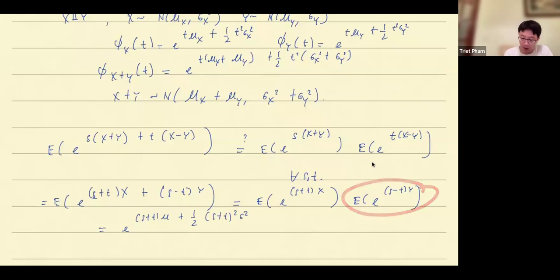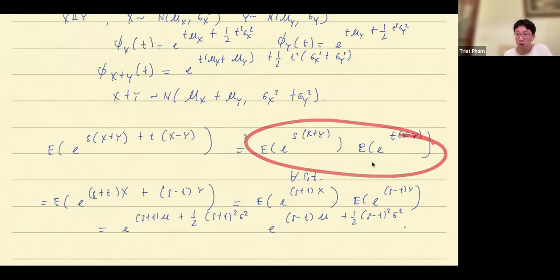And we'll plug this in for Y, which is e to the (s minus t) times mu plus 1/2 (s minus t) squared times sigma squared. Okay. And now we need to check whether it's equal to this.